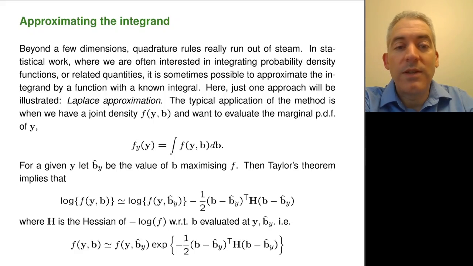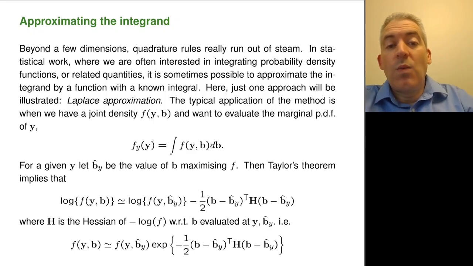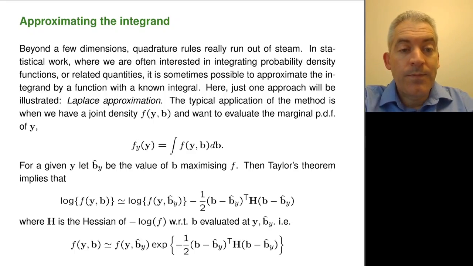It's not important for this discussion, but typically there'd be some parameters theta underpinning this as well. But anyway, the basic problem is we've got some joint density, and we want to integrate out some of the variables. We want to do some kind of marginalization operation. Whenever we're in this situation, the Laplace approximation is the standard way of doing this.